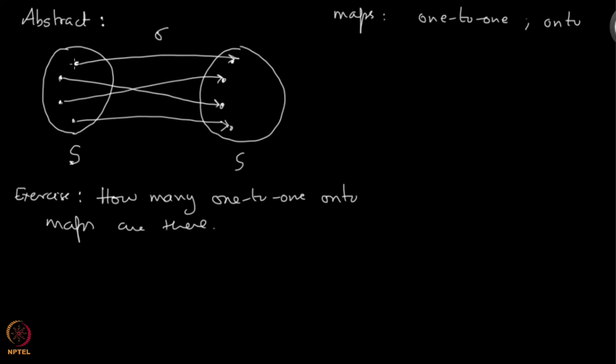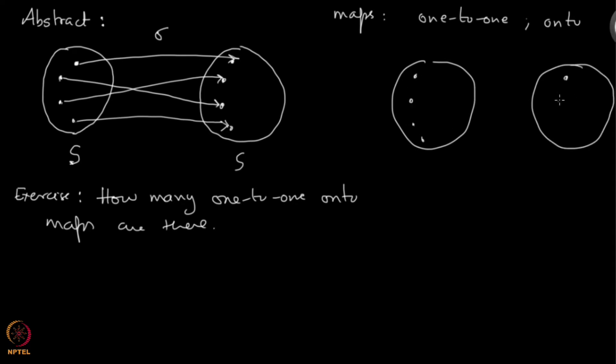So, you see, first element, let me draw it again. The first element could go to any of the 4 elements. So, there are 4 possibilities. Let us say it goes to this one.